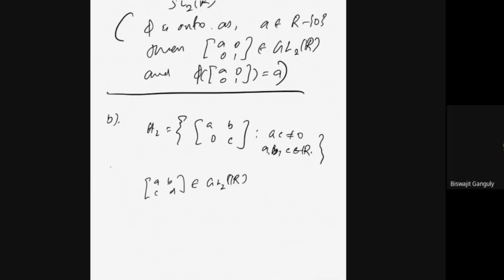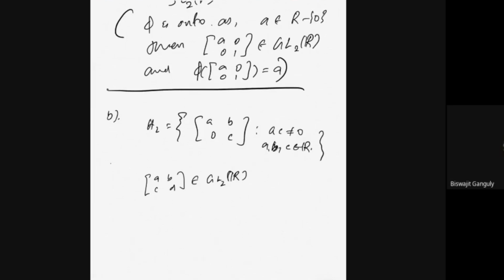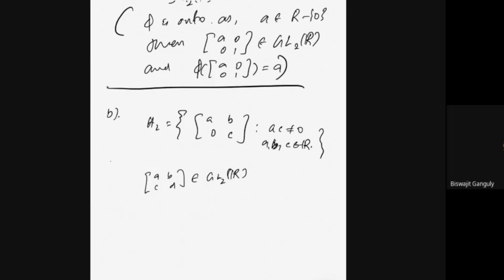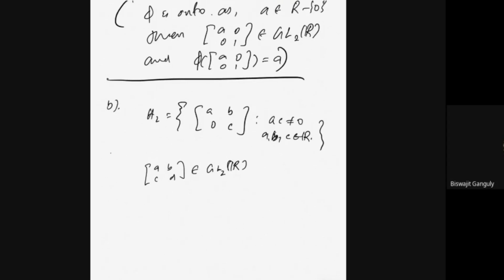Take A equal to 2 1 1 1 and B equal to -1 0 0 1. Then compute A B A inverse. We get -3 4 -2 3, which is not upper triangular as well as not diagonal. Yeah, correct. That's good. Thank you, sir.